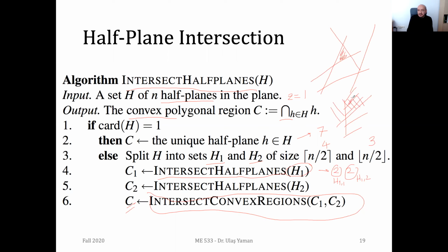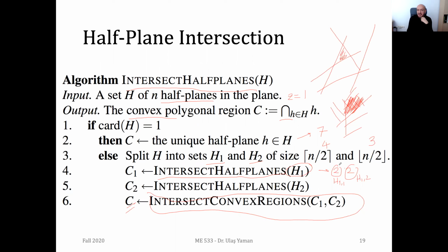And then after you have this region, you'll join them together once again with other computations. So let's focus on here. We intersect 2 half planes. On the right-hand side, we have also done the same. We have taken the intersection of 2 half planes.